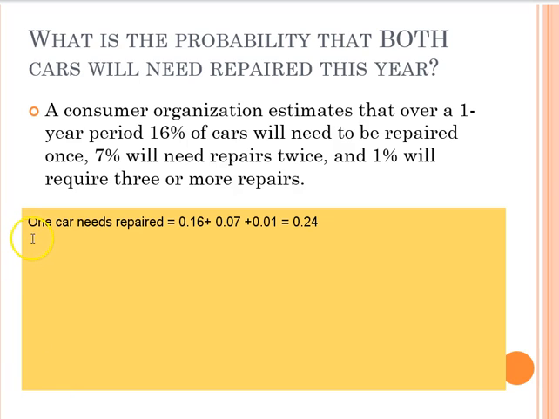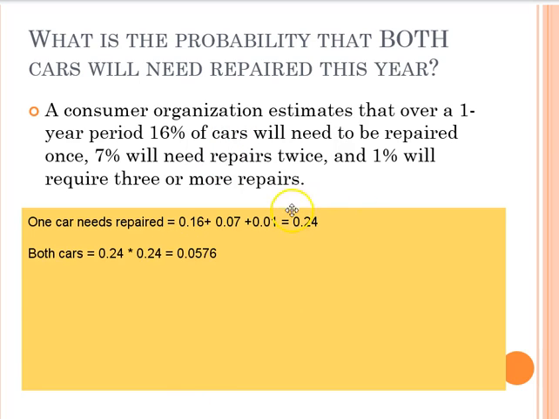First, we have to figure out the probability that 1 car will need repaired. So we can just add together the different probabilities of needing 1 repair, 2 repairs, or 3 repairs. And the reason why we can add these together is because these are disjoint. If you have 1 repair, then you're not going to need exactly 2 repairs. So these are disjoint, and so we can just add them together.